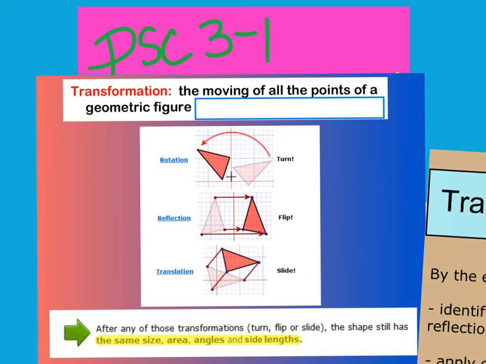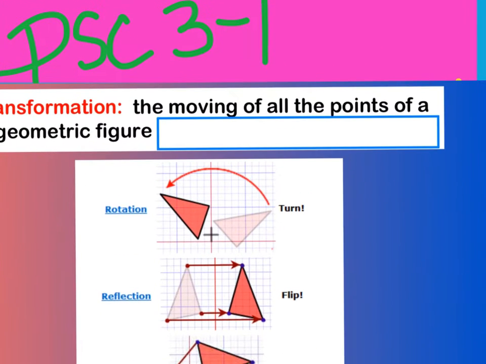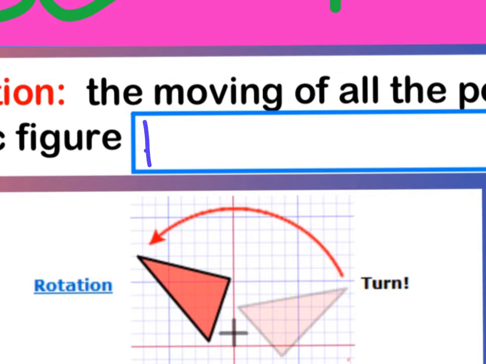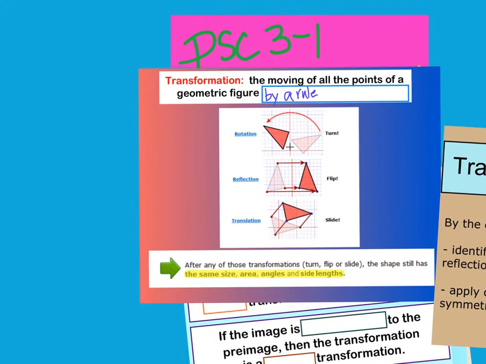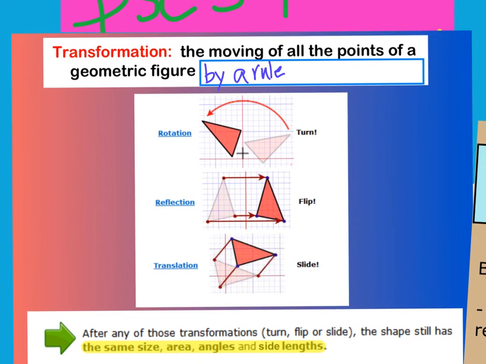It's the moving of all points in a geometric figure according to a rule. And the same rule is applied to all the points in that geometric figure. Here are some very popular transformations.